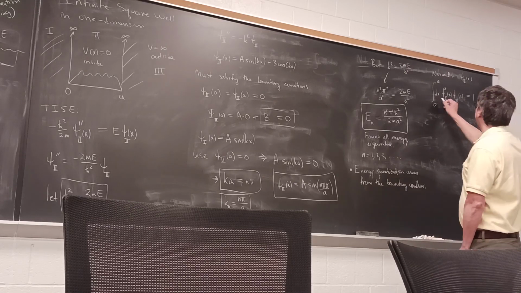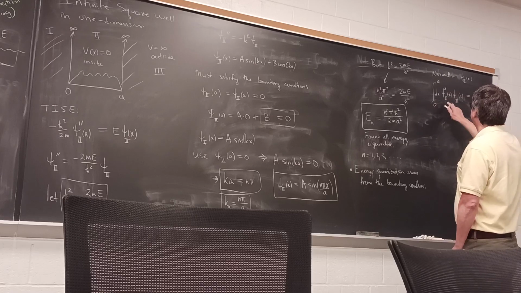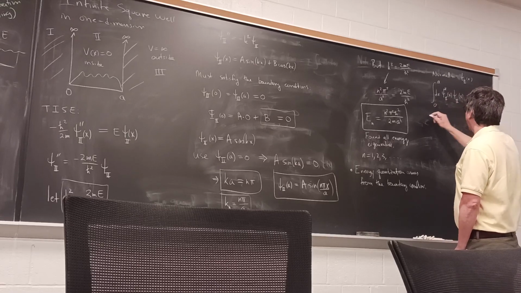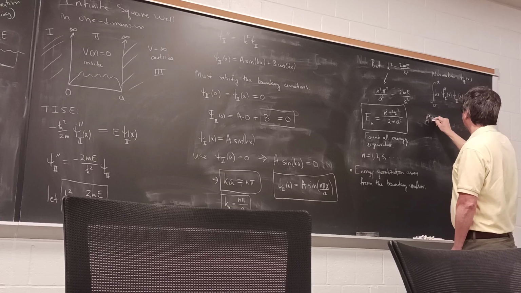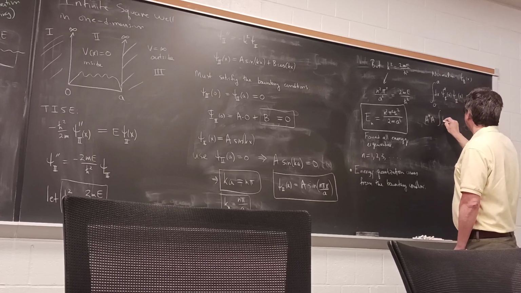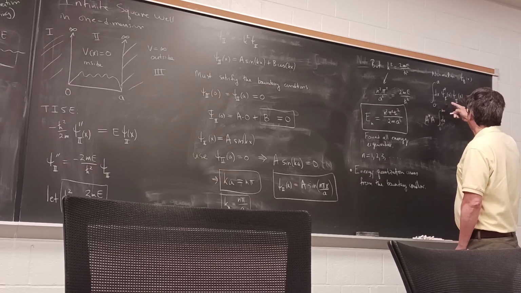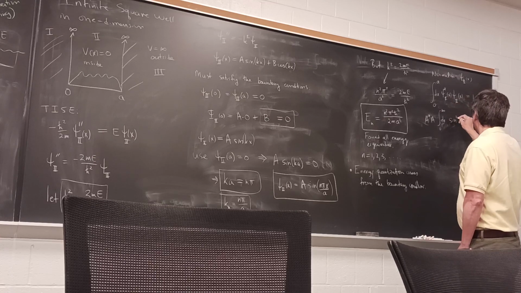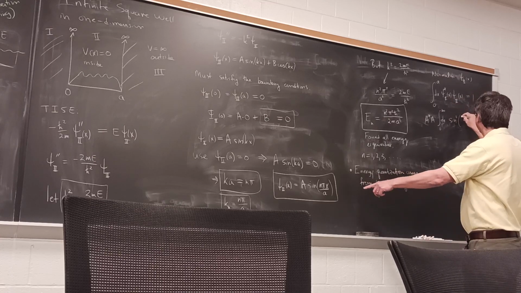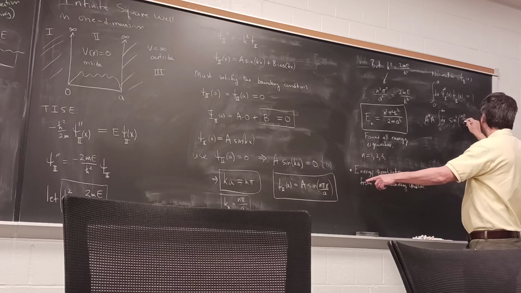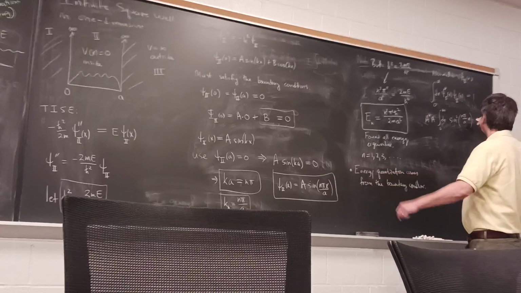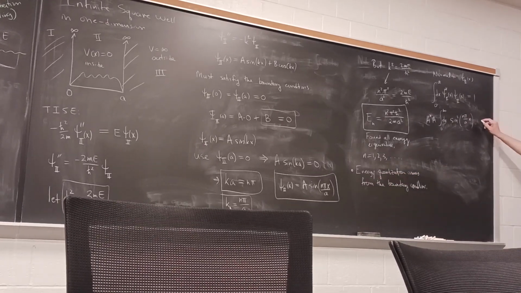Right, so this will be mag A squared times the integral over dx, and now we'll have sine squared of n pi over a times x. Okay, and this all has to equal 1.